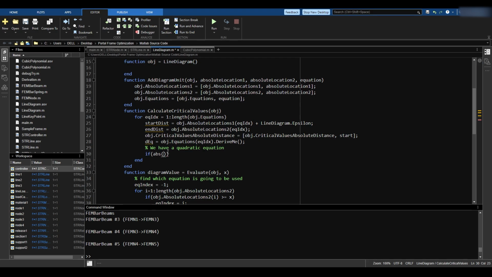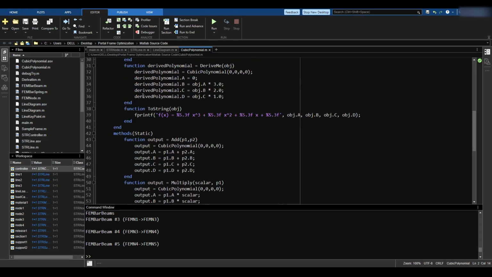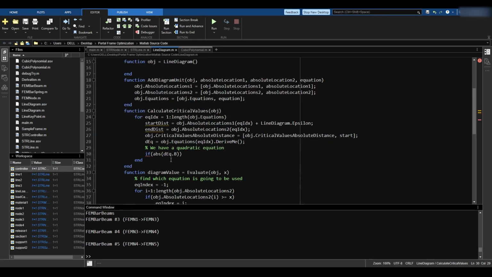If absolute of d equation dot b, this is of course b here, let me remind you, the equation is ax cubed plus bx squared plus cx plus d. So b is the coefficient of x squared. A is always going to be 0 because we are deriving, and when we derive, we are reductionists. We are eliminating a. So here, if the d equation dot b is not 0, let me say it's more than line diagram dot epsilon, then we have a quadratic equation.